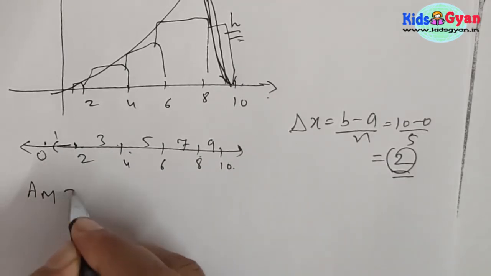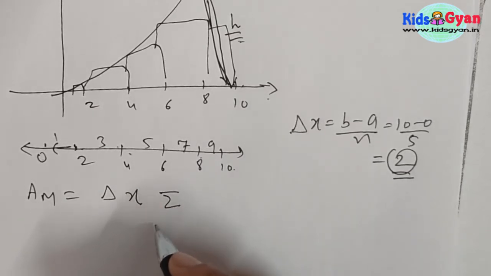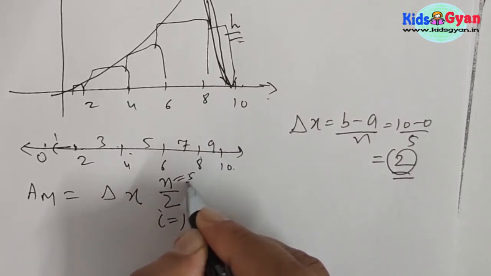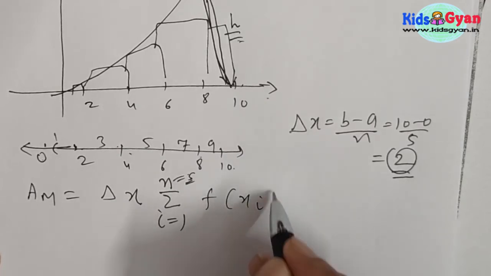Now AM is delta x. The formula for the midpoint rule is the sum from i is equal to 1 to n, and here n is the number of subintervals, and subintervals are 5, f of xi.